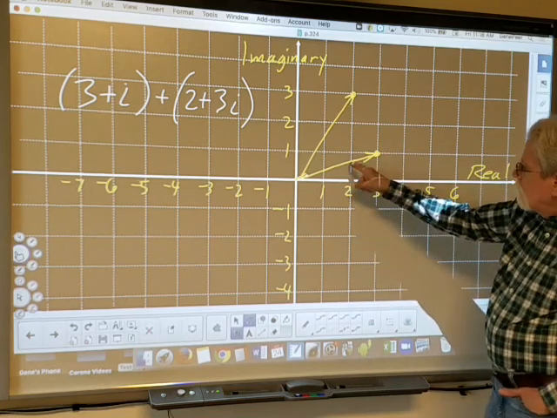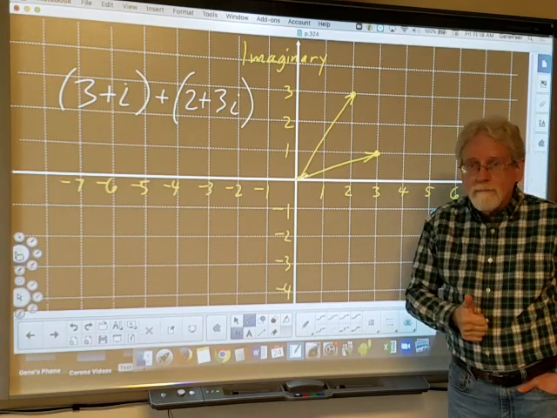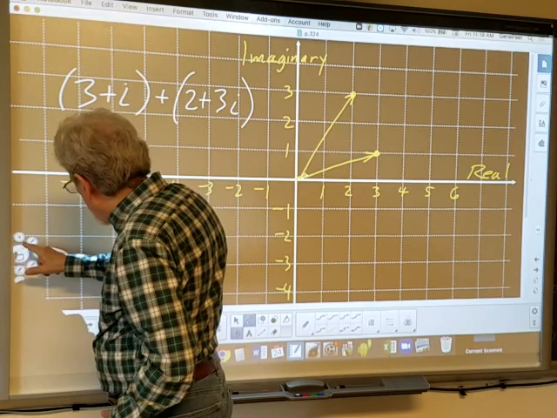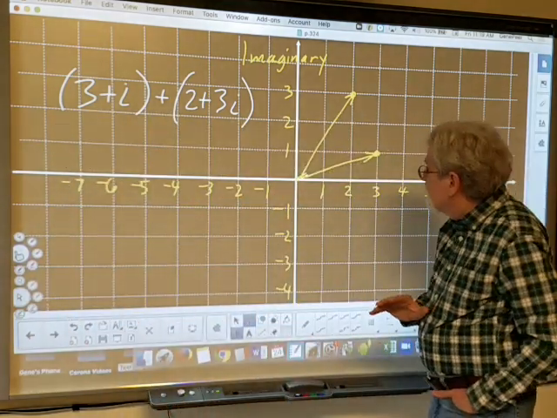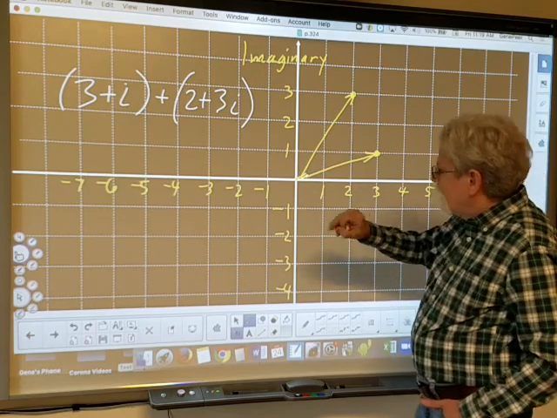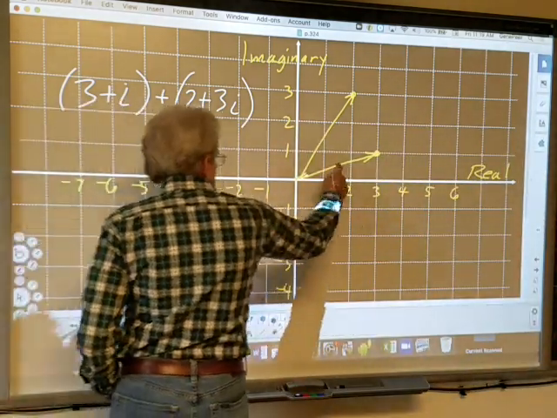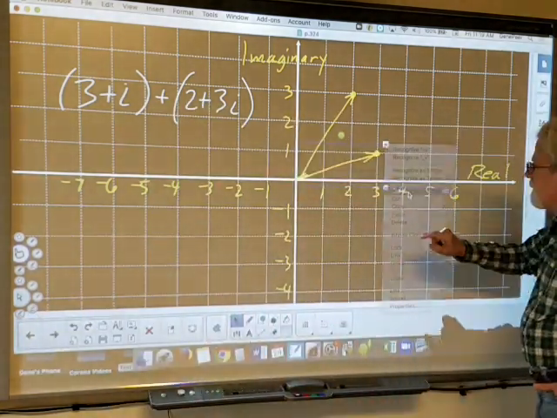Yes, we could pick up this guy and move it up here, and that would work great. But there's another way to do it. The parallelogram rule. The parallelogram rule is the way that we used most often in physics. We're going to create, let's see, how do I want to go about this? I think the easiest way will be to select this vector and make a copy of it.